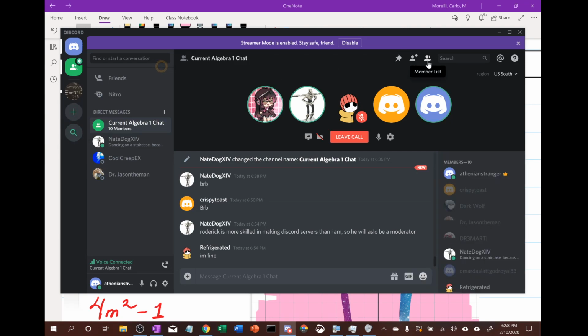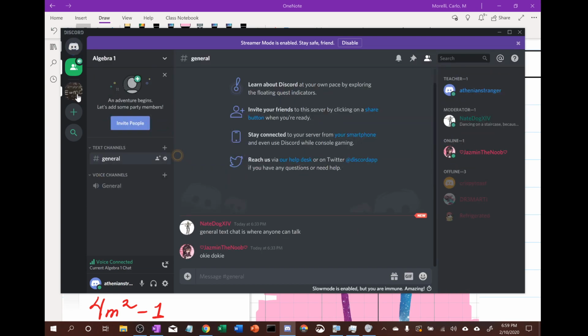If you wanted to, we could move to the general chat on the server because there's a voice channel on the server. On the server, there'll be text channels and then voice channels. The voice channel has a speaker icon and the word general on the left side. Okay, cool. This is awesome.